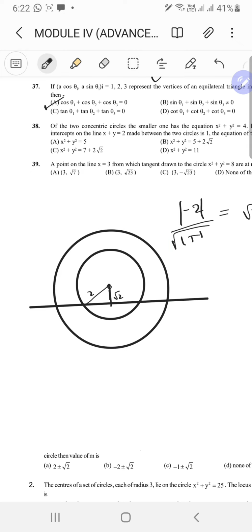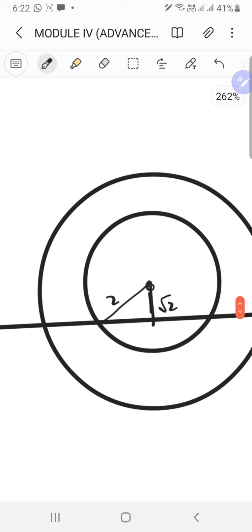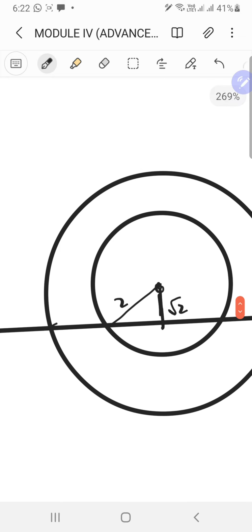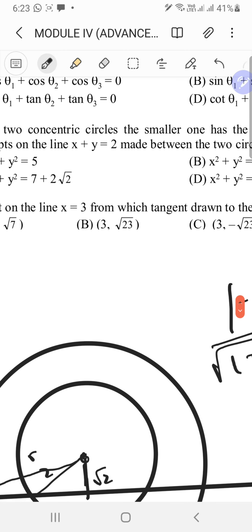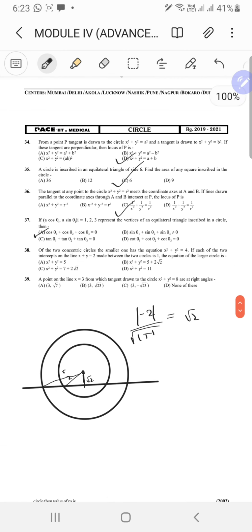Whose radius we don't know, let's just say it is r. Small r. Then what do we know? Oh, we are also given the intercept, right? If each of the two intercepts on a line made between the two circles is 1, the equation of the larger circle.